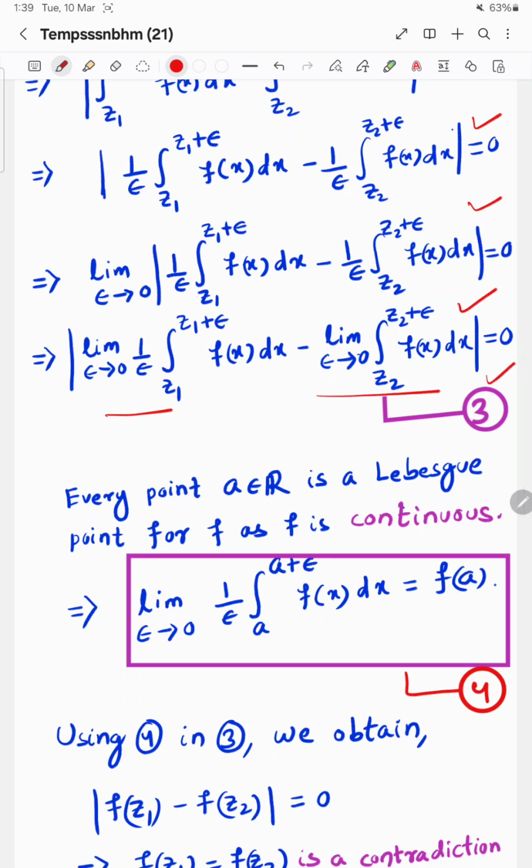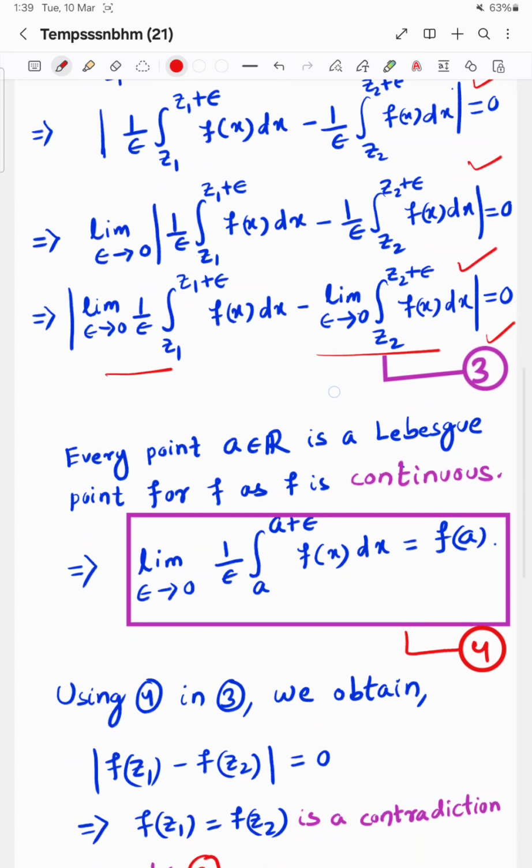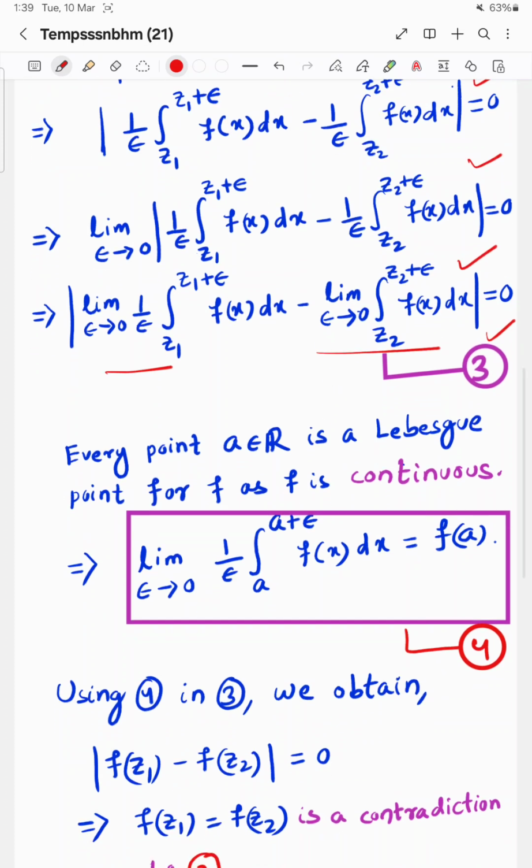Now here we will apply a very celebrated result on the Lebesgue point. Lebesgue point means what? This is the definition of a Lebesgue point.